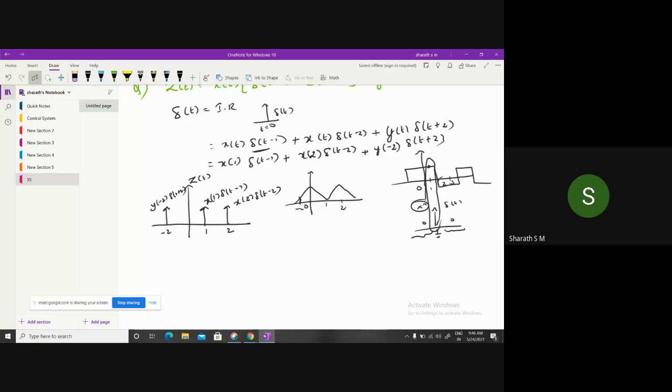So this is what we call the signal with impulse response, that is z of t. That's a sketch of z of t.